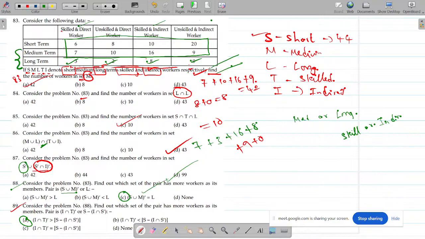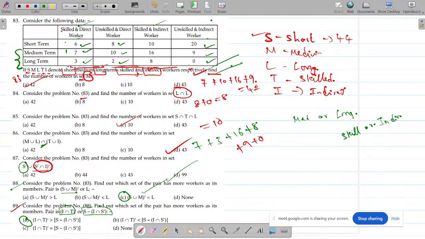Shall I go for 89? We have to consider this one separately and this one separately. So let me go for (I intersection T)', the whole dash. I is indirect, T is screened. See, this is the area. Correct?